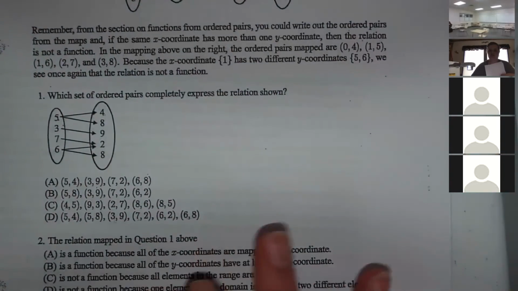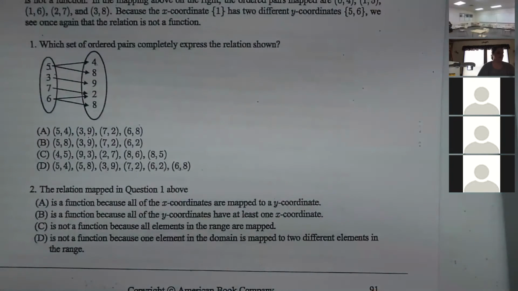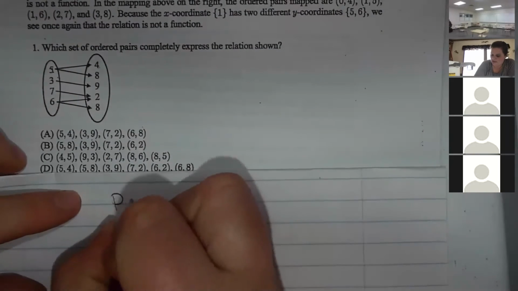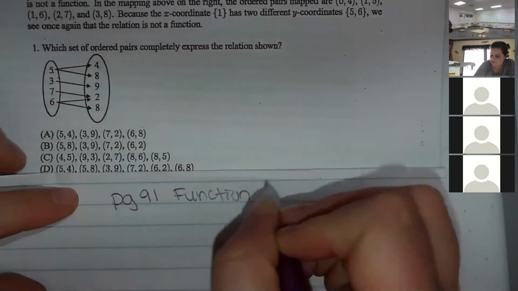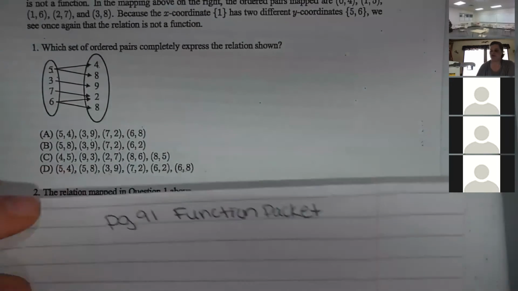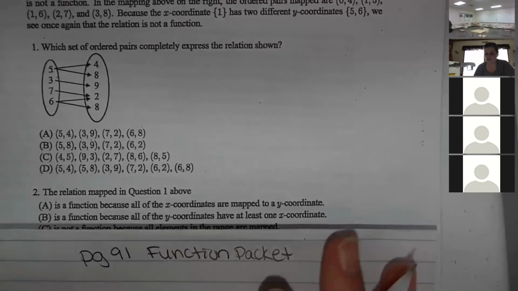The good news is there's only 2 questions on page 91, so we're going to do both of them right now. But again, at the top of your paper, you want to say what page number you're doing. Page 91, function packet, make sure it's labeled. Because we have to be organized, unfortunately, unless you're at home and you're going to print off the whole packet for yourself, which is the choice that you have at home.